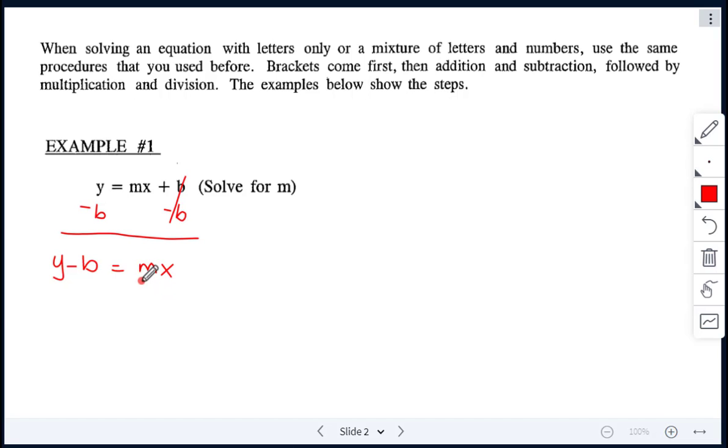So we're going to divide by x on both sides. And that will leave me with y minus b over x is equal to m, which is the same thing as writing m is equal to y minus b over x. So now we have solved for m by isolating m on one side of the equation.